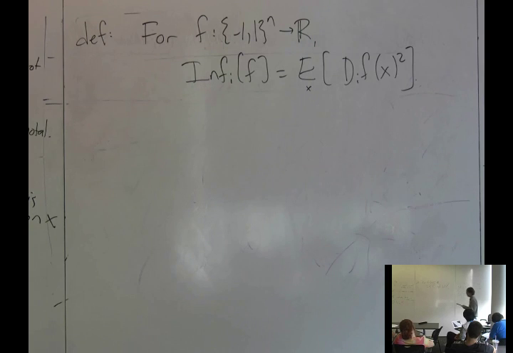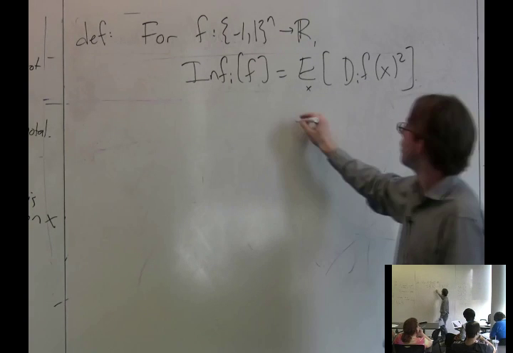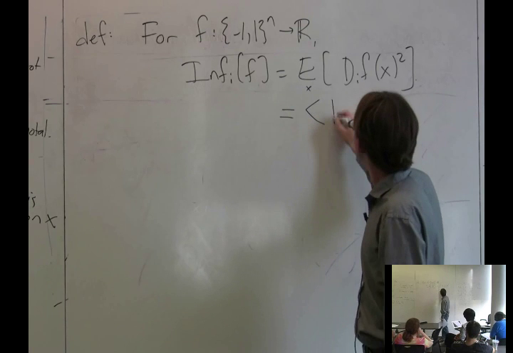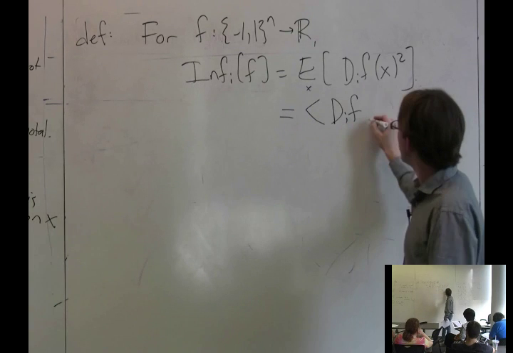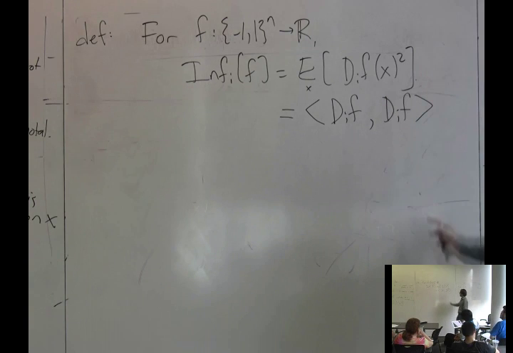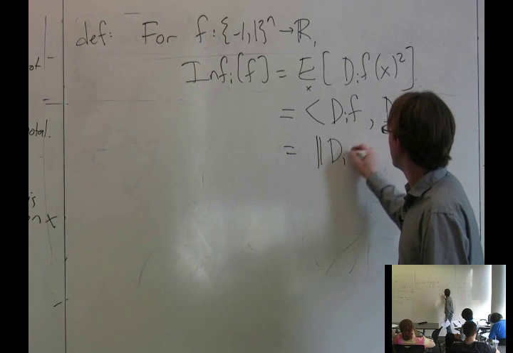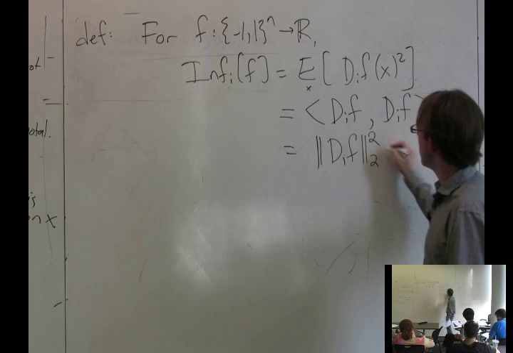By the way, this is just the expectation of the square of a function. In our notation, if you remember, it's like the correlation of this function with itself, the definition of the inner product on functions. We would even write this as the 2-norm of the function squared.